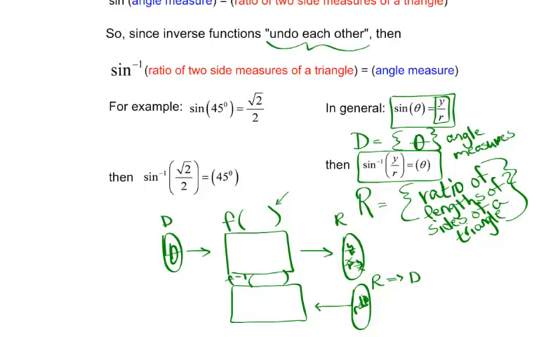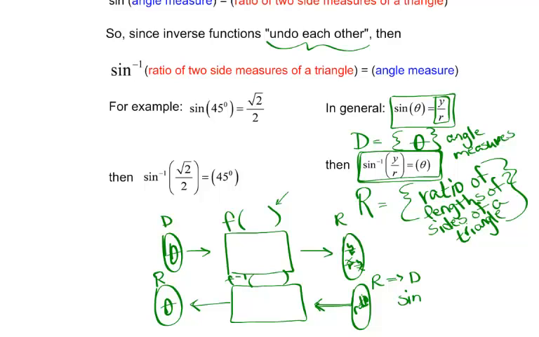I'm going to plug it into this function machine, and the outputs of that inverse function should be an angle measure. And notice that is what's happening here.